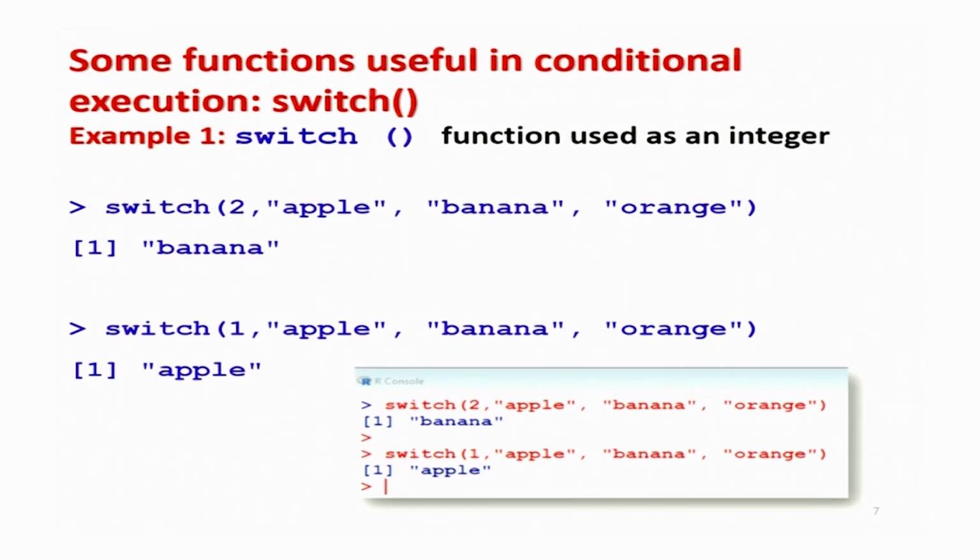The first example I am going to take is where I use this switch function with an integer. Suppose I have a list and this list has 3 values, say apple, banana and orange, and because these are characters, I give them inside quotation marks. Now you have 2 options.